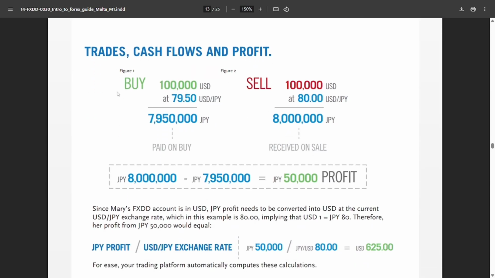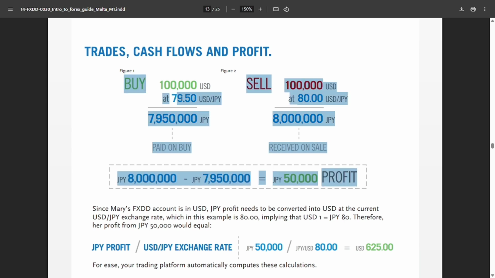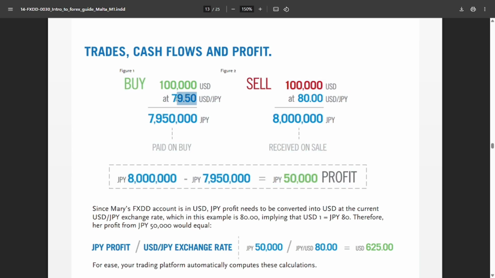Look here, we have two positions. First, she bought 100,000 USD at this price. With this price, how many JPY can she buy? This number.